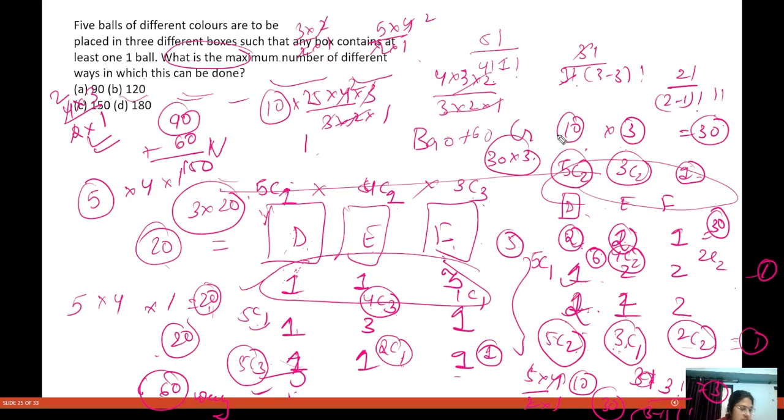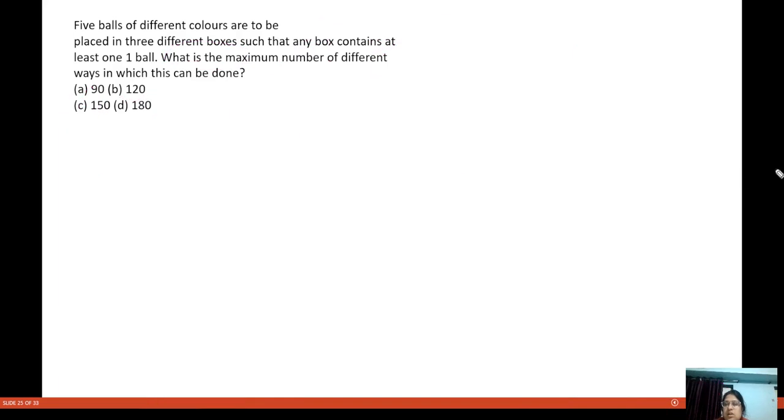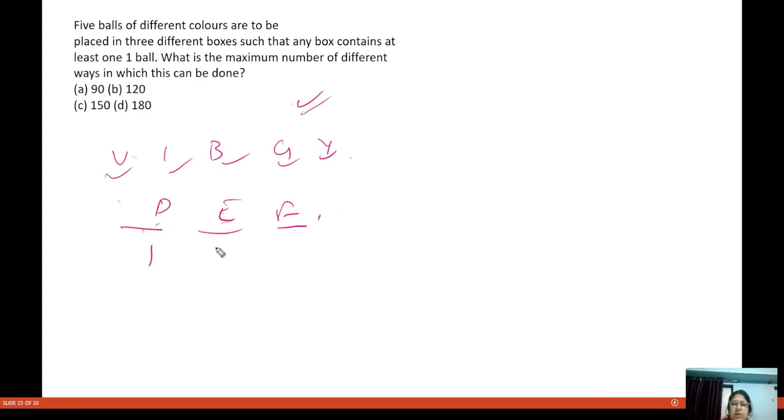Fine. Okay. So I hope this question was clear to you. We did it in very detail. What we did here was we first took balls of different colors, and I took boxes D, E, F. Now I am putting these balls so that when I am taking at least one, when I am putting 1, 1, 3, so when I have these five balls, I can do this in 5C1 ways.